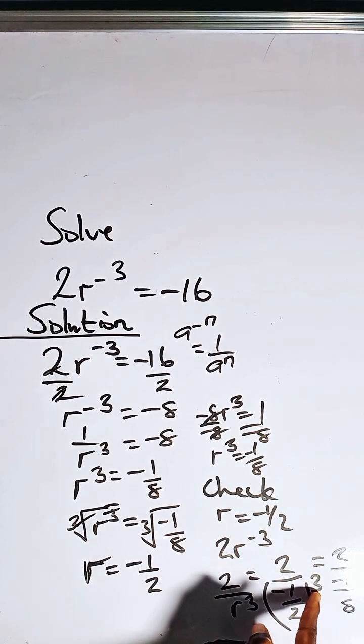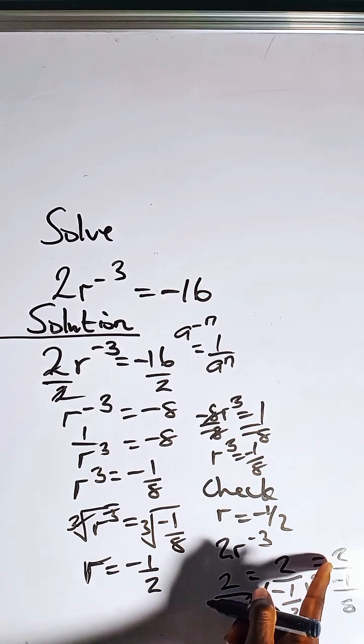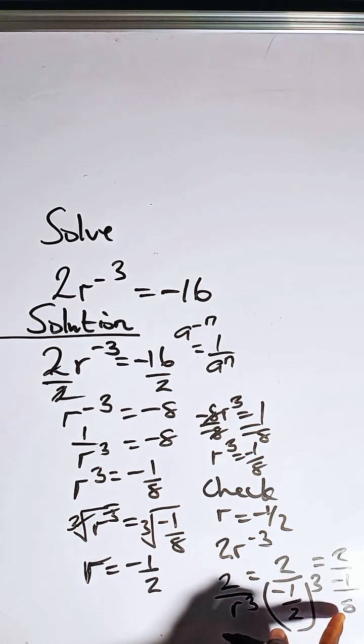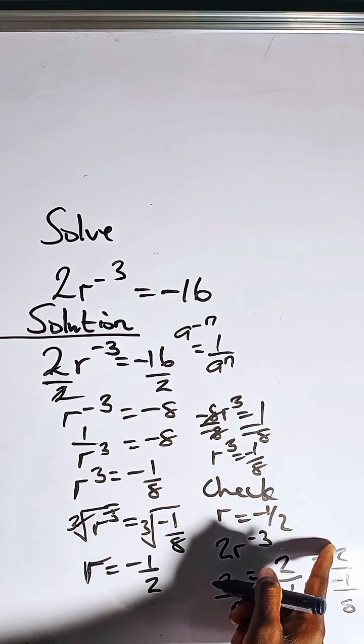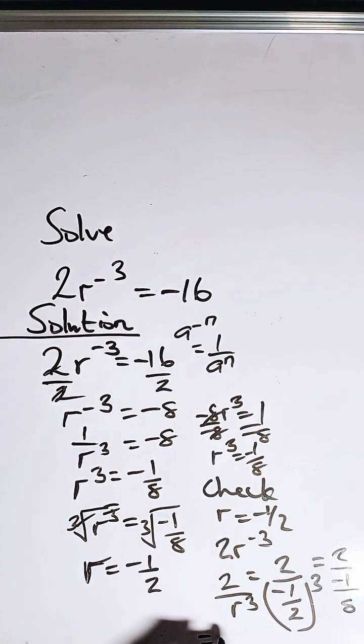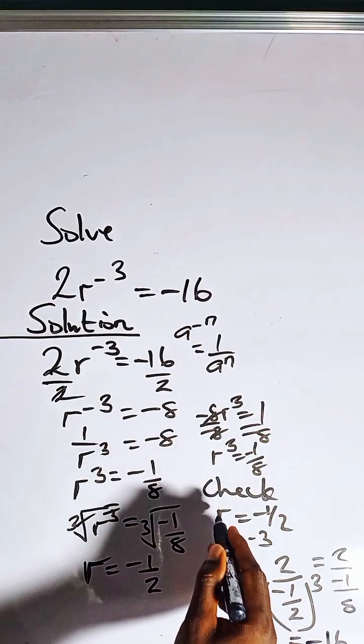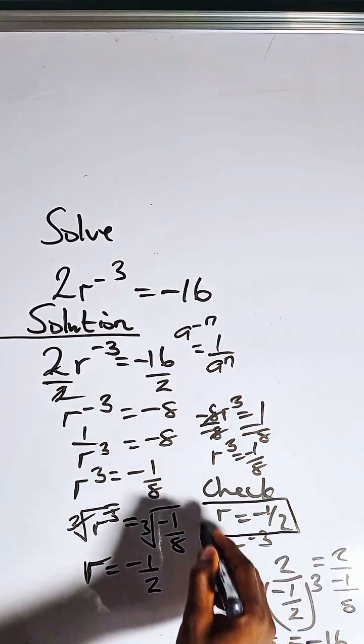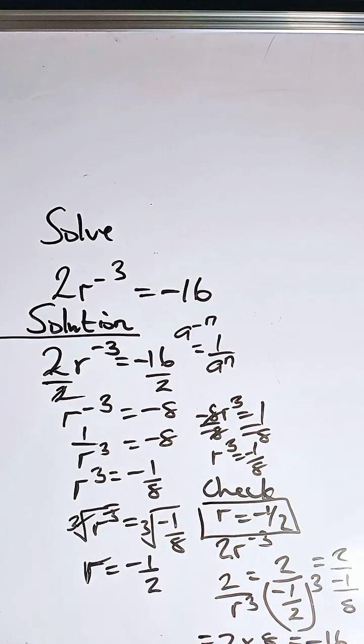Dividing a whole number by a fraction, the denominator multiplies: 2 times 8 divided by minus 1. This gives us minus 16. So the value of r equals minus 1 over 2.